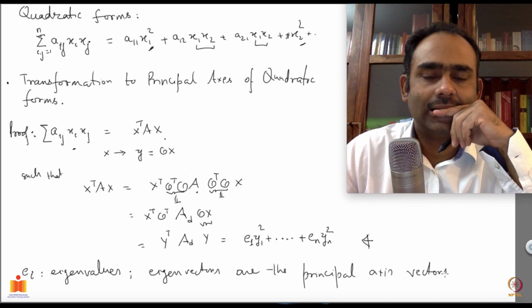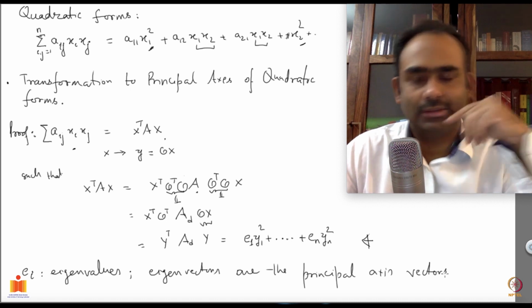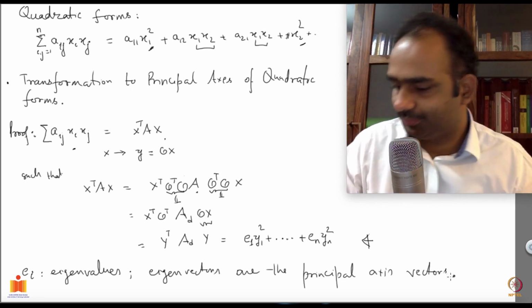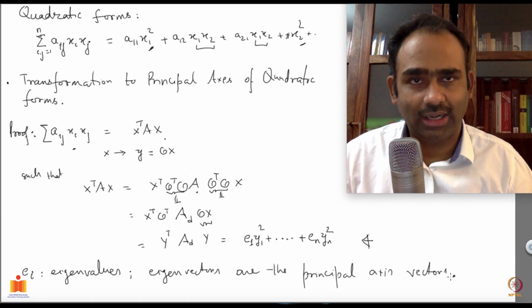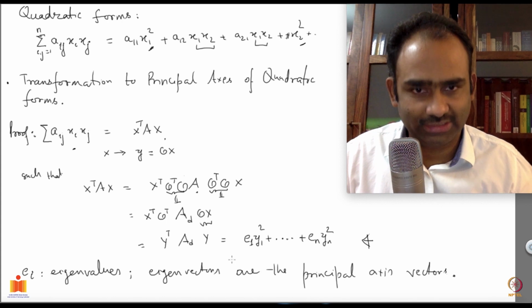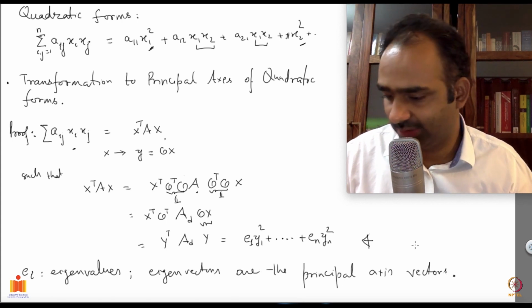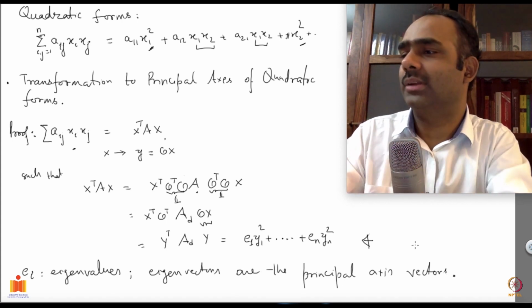And because A is a real symmetric matrix, all the eigenvalues are real, and that's why all your Ei's will be real, so you'll still be in the real space. That is one thing.